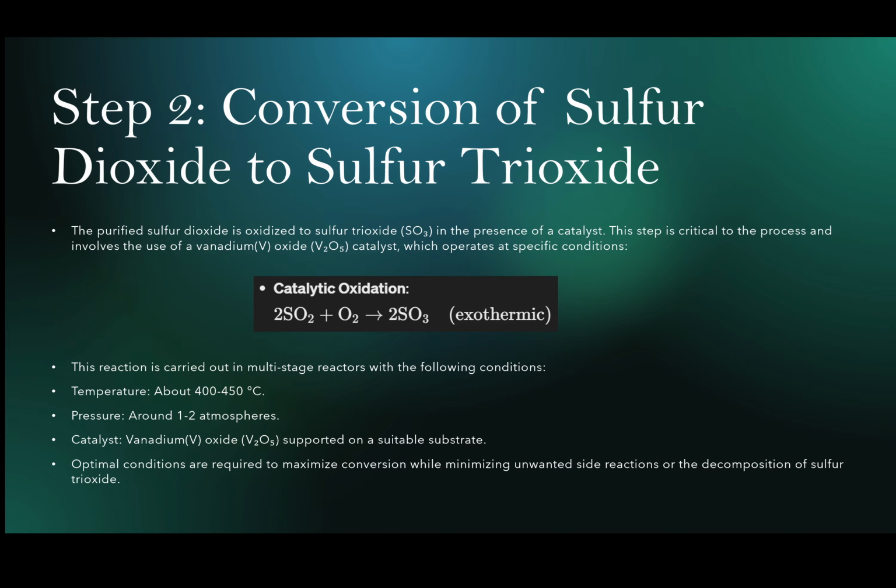The optimal conditions are required to maximize the conversion while minimizing unwanted side reactions or decomposition of the sulfur trioxide. We don't want to decompose the gas, so we use these specific conditions. Now, we need to know the conditions. It is not an ask, it is not an if nor but.